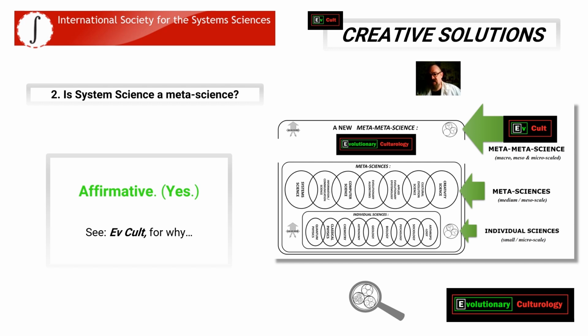Moving up a level, we have the meta-sciences, each of which applies to the individual sciences, because you could look at any of those things, quantum physics, classical physics, etc., as systems, the units within them, whether it's solar systems or quarks, etc. Next. Yes, so affirmative, system science is definitely a meta-science, given that framework there.